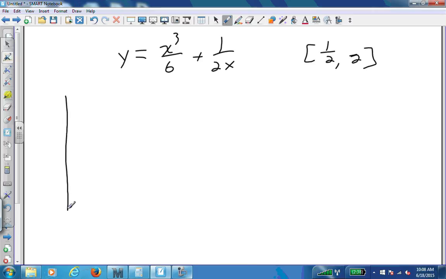So just a quick sketch of that. If we put a 1/2 in, we get, what's that? 1/2 cubed is 1 over 8 divided by 6, so 1 over 48. If we put a 1/2 in here, the 2 and the 1/2 cancel, giving us 1. So 1 and 1/48 when we're at a half.